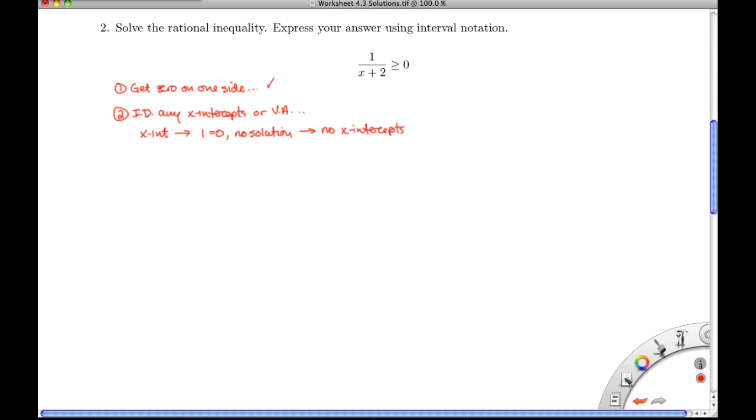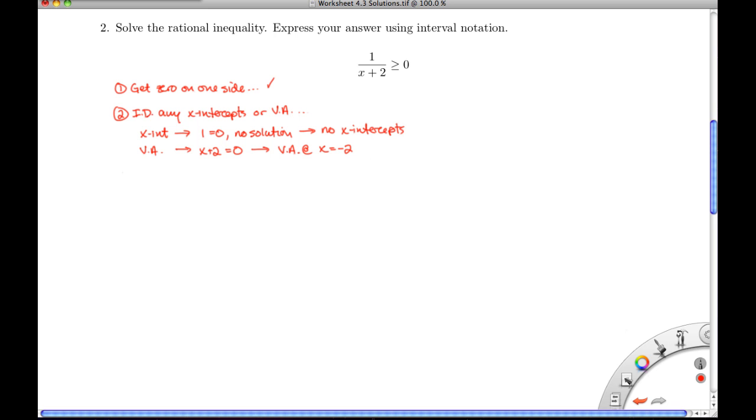And that's okay. Then we're going to find our vertical asymptotes if they exist. And we do this by taking the simplified denominator, in this case x plus 2. We set that equal to 0, and we solve. Here we see that we have a vertical asymptote at x is equal to negative 2.